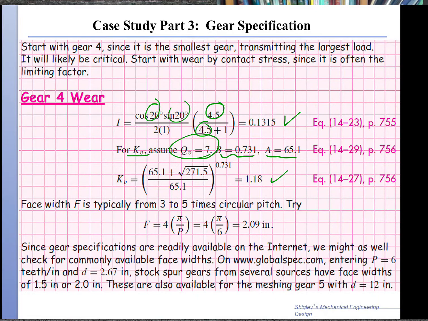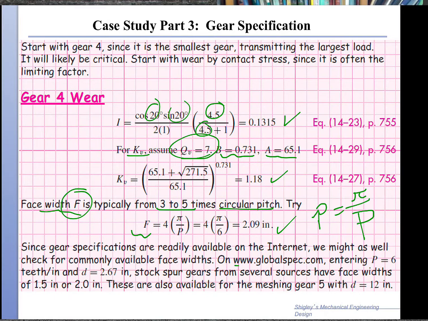And next is we need the face width. That's a very important parameter. So the face width is typically 3 to 5 times the circular pitch, and the circular pitch, lowercase p, is pi divided by the diametral pitch P, and that gives us about 2. So we need the width of each gear to be about 2 inches.